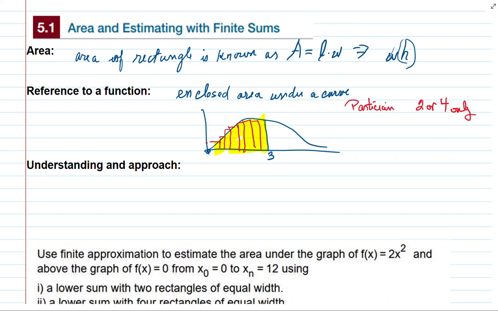All right. So we're understanding now that area is going to be the length times width, right? So it's going to be the delta x and the f, the y value, f of that delta x.